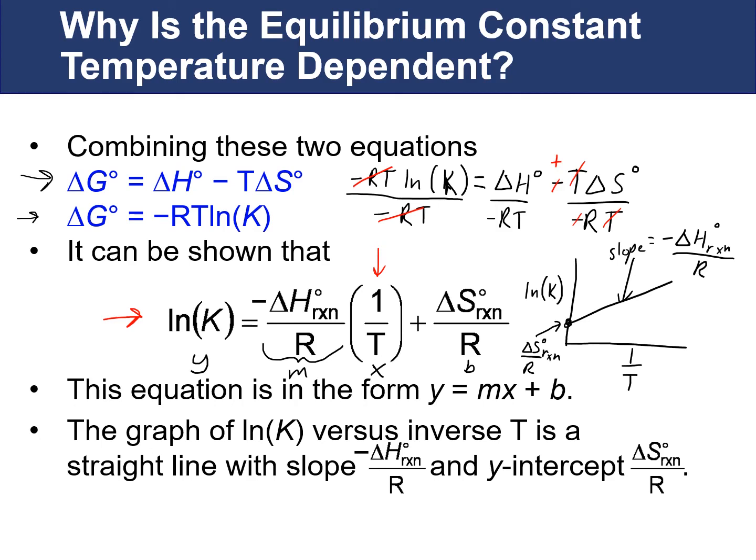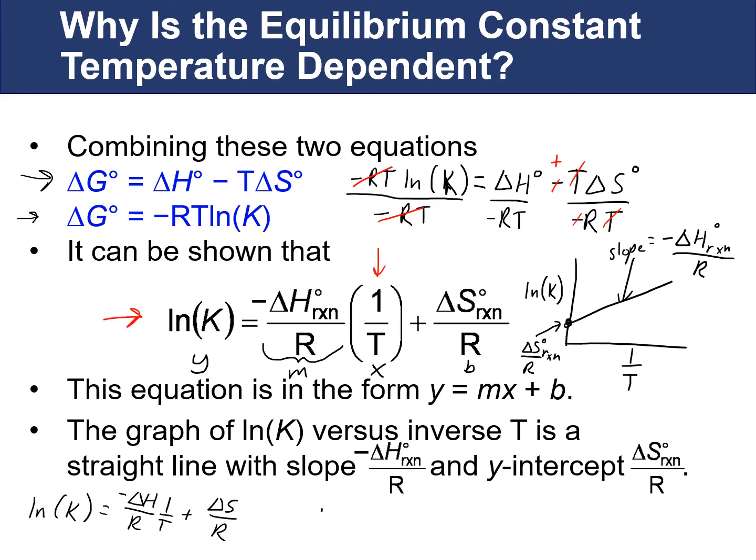Another way of figuring this out would be to use the equation ln of K is equal to minus delta H over R, 1 over T, plus delta S over R. We could take this whole thing, get rid of the natural log by raising e to both sides.